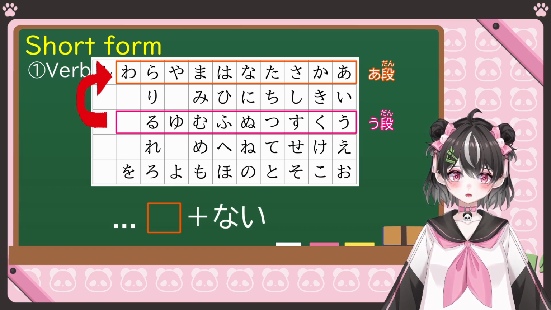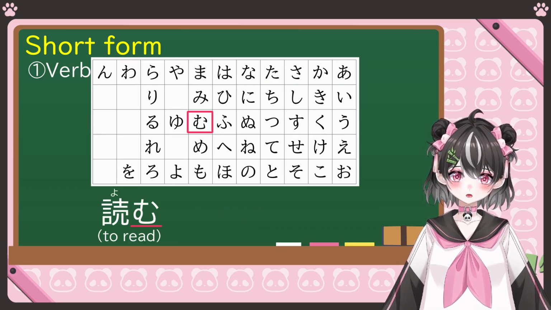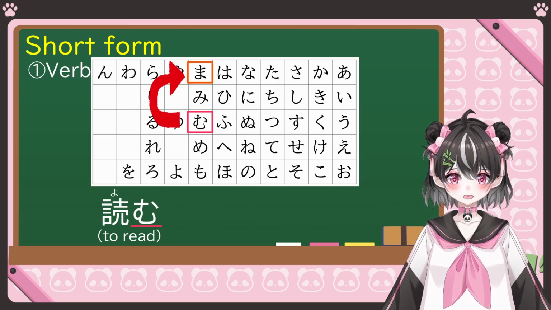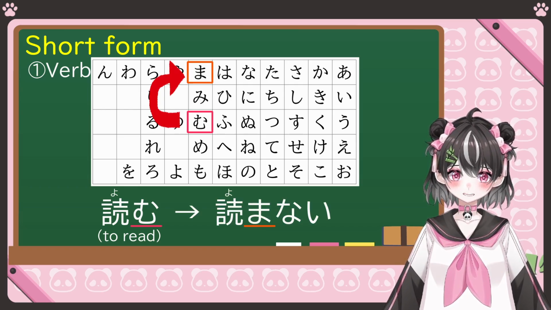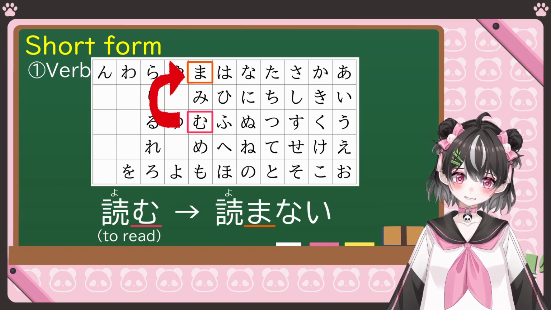For example, 読む ends with mu. So you replace mu with ma. In this case, it's 読まない. Does that make sense?